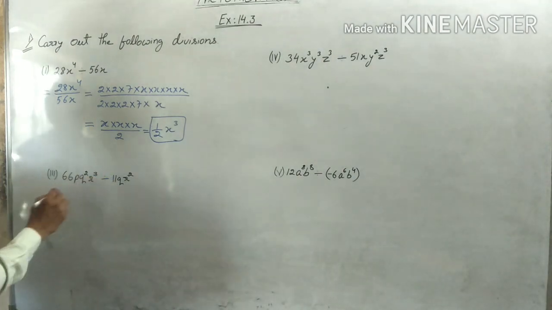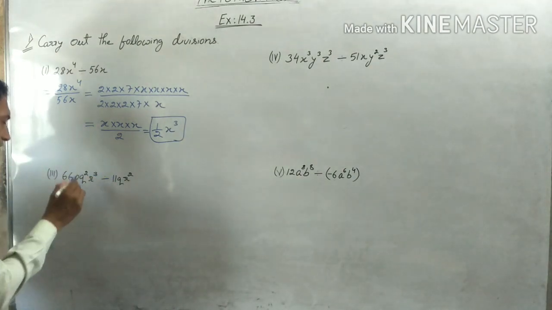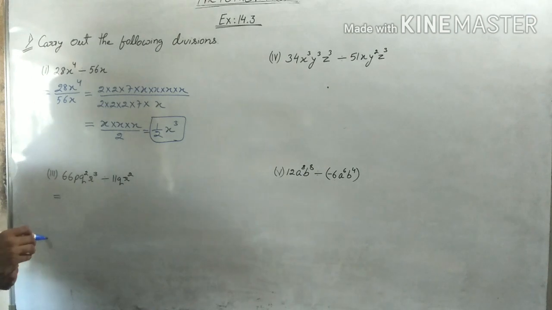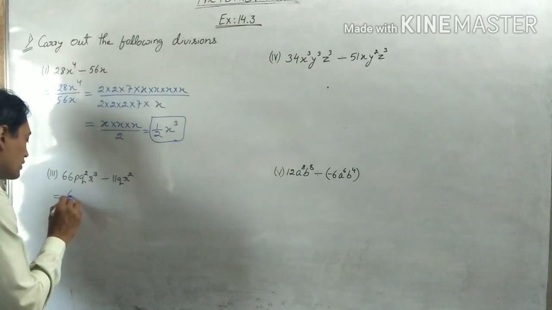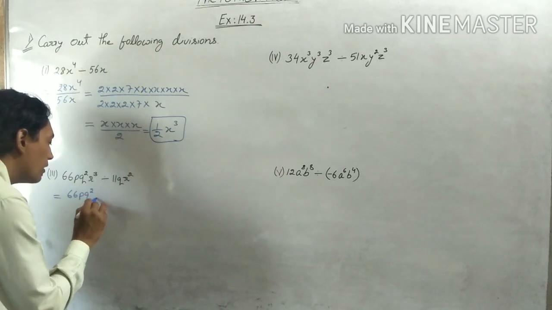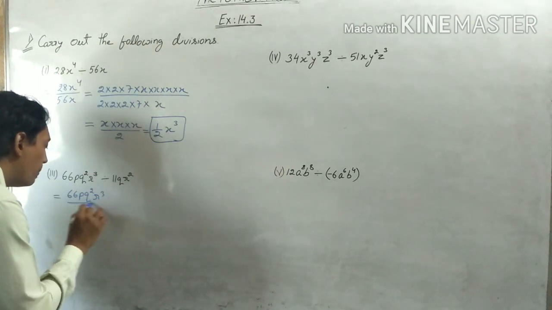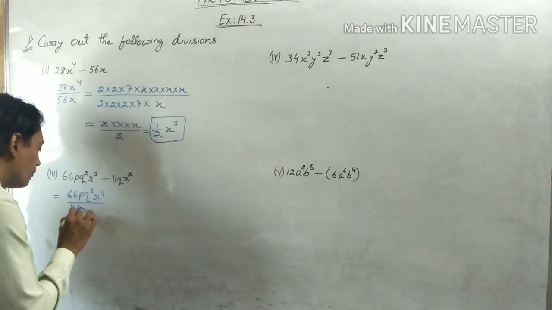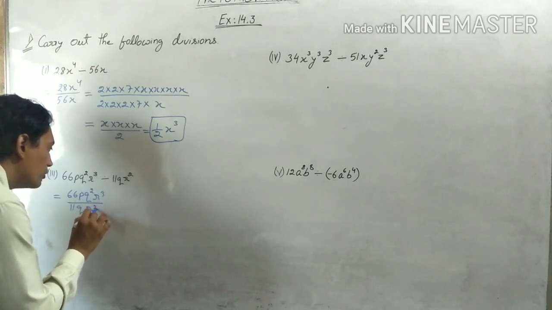Again, one more expression we have. First of all, what we need to do is write it in the numerator and the denominator format. So 66 p cube q square r cube upon 11 q r square.